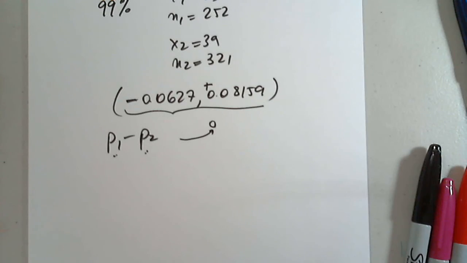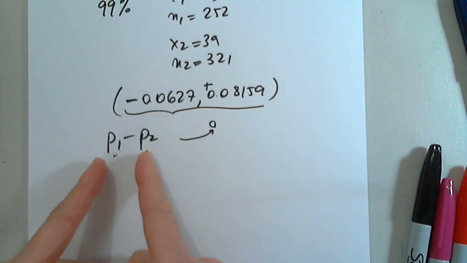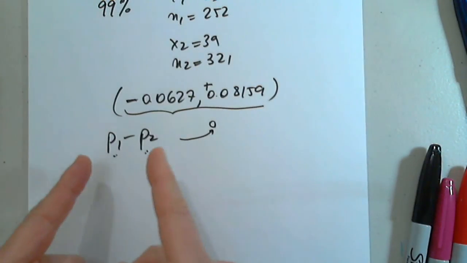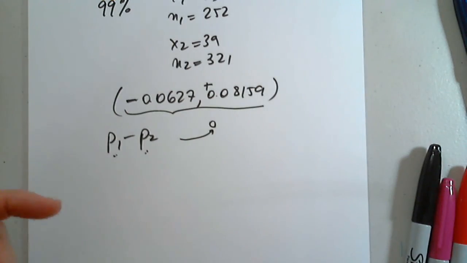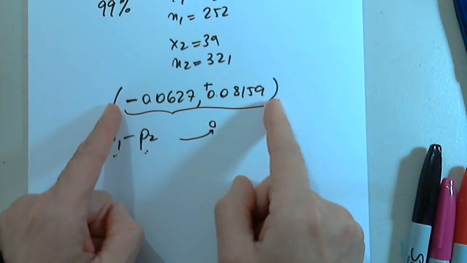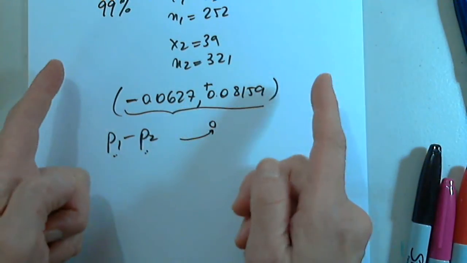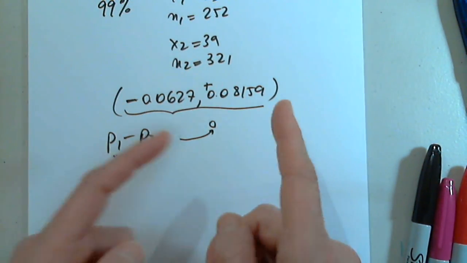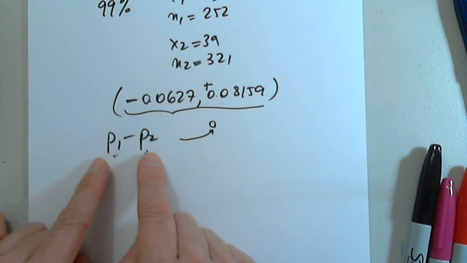Because we can connect the confidence interval to the test of hypothesis. I'm sure we'll find problems that make that connection. So please remember, every time we are looking at the difference of proportions or difference of means of two different populations, and the confidence interval we determined has 0 inside, it does, because this is negative and this is positive, then we can never conclude that either one of them is higher.